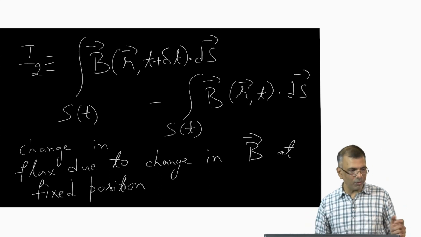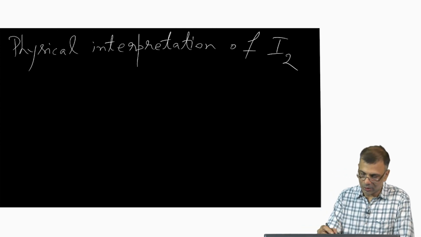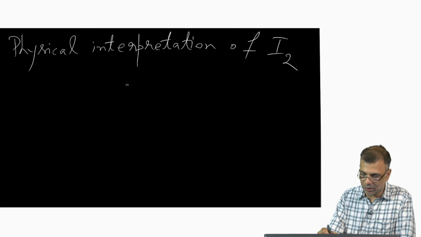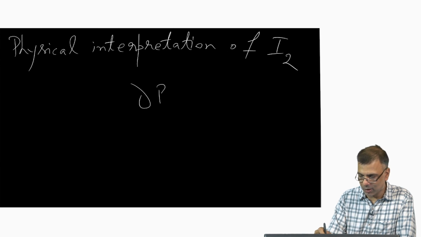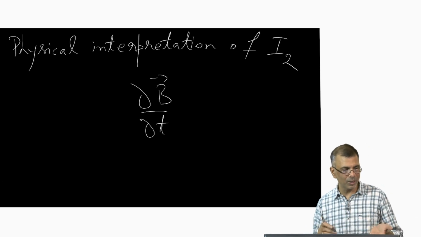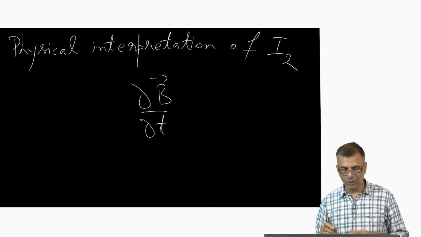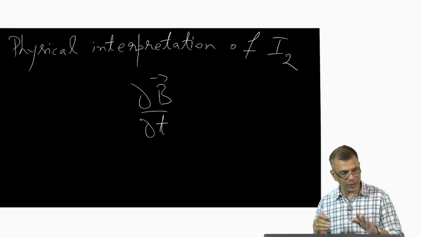The time rate of change in B is dB/dt, but of course partial, because the magnetic field is a function of both space and time.